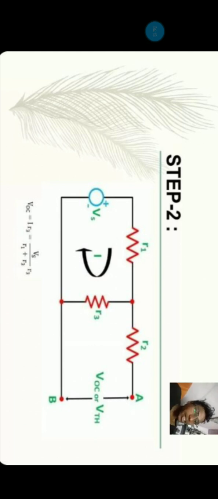We are finding I here, where the load resistance is parallel to R3. If we find the voltage across R3, it is the same as across the load resistor, because it is opposite to R3. Here is the formula.